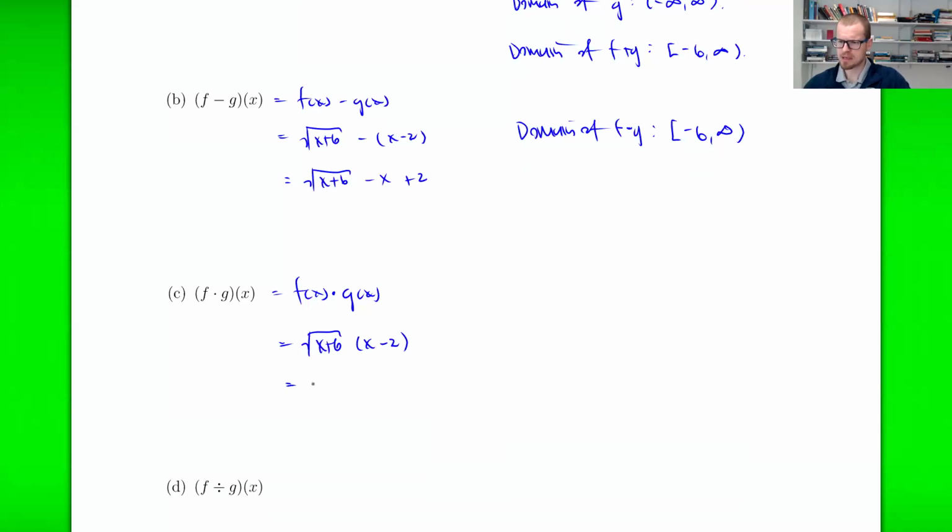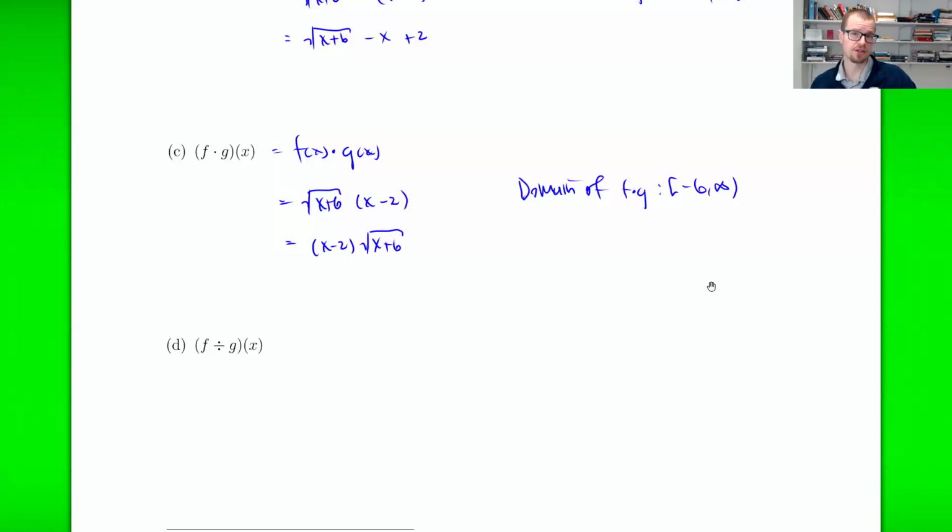So we would maybe typically write this as x minus 2 times the square root of x plus 6. There's no real good reason to do that, again, aside from convention. The domain of f times g of x, again, is the same as it is for addition and subtraction. So -6 to infinity, and life is good.